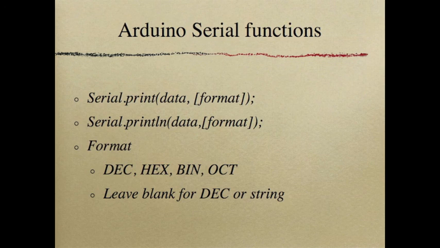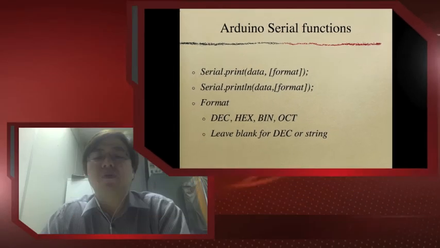For example, you can just use print followed by a string to send a string to the host. Or you can use Serial.print or println with any variables. By default, Arduino assumes that you want to print the data as a decimal number. But if you want to print in hex, binary, or octal, you just have to specify the format. I have just introduced you to the basics and the ideas of this lab.